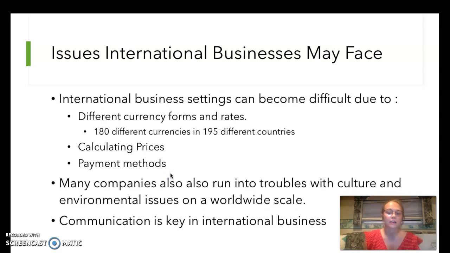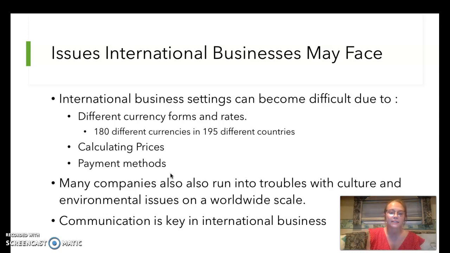International business settings can also become difficult due to different currency forms and rates, calculating prices, different payment methods, and accepting those different payment methods. According to the United Nations, they currently recognize 180 different forms of currency, which are used in 195 different countries.